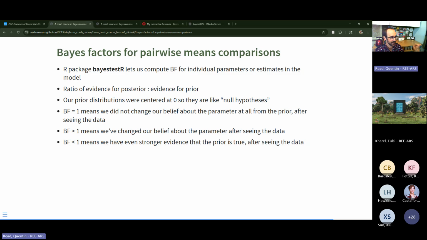If our Bayes factor is greater than 1, we have more evidence for the posterior than we do for the prior. That means we've changed our beliefs about the parameters after we've seen the data. You can also get a Bayes factor of less than 1. That means we actually believe in our prior even more. We have even stronger evidence that the prior is true after we've seen the data. So more evidence for an effect would be a greater number, above 1 and on up. Make sense to everyone?